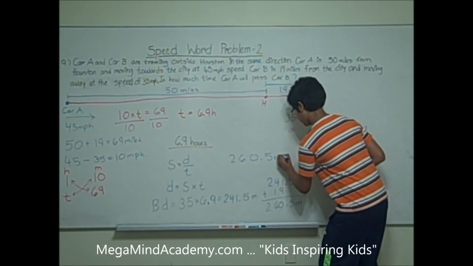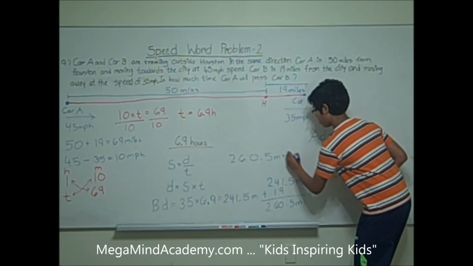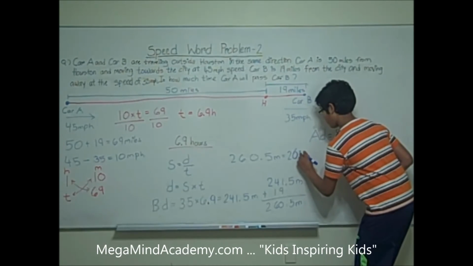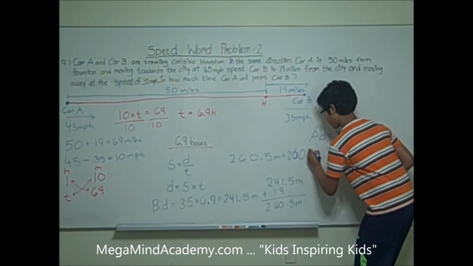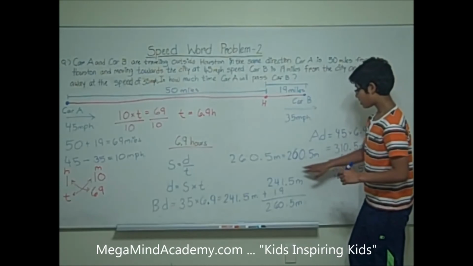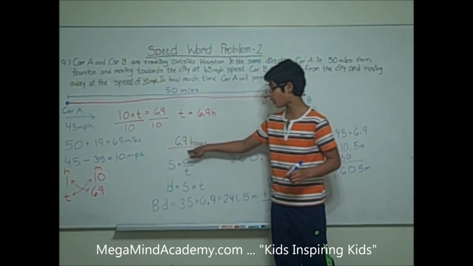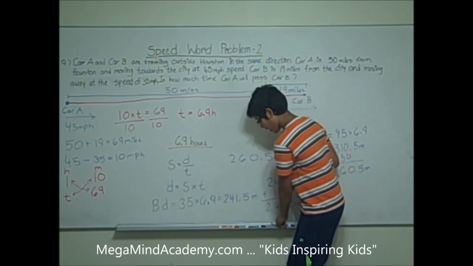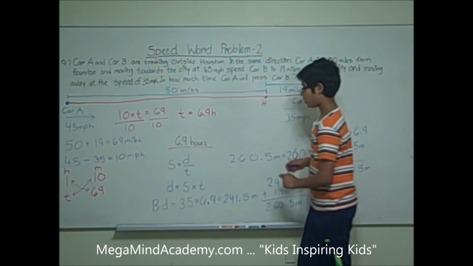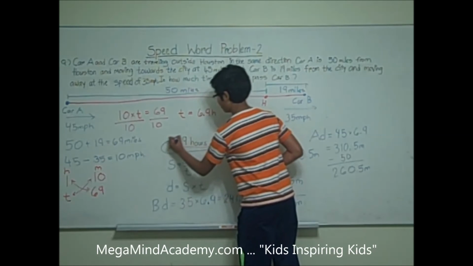So this means that it takes 6.9 hours for car A to pass car B. So this means that this answer is correct.